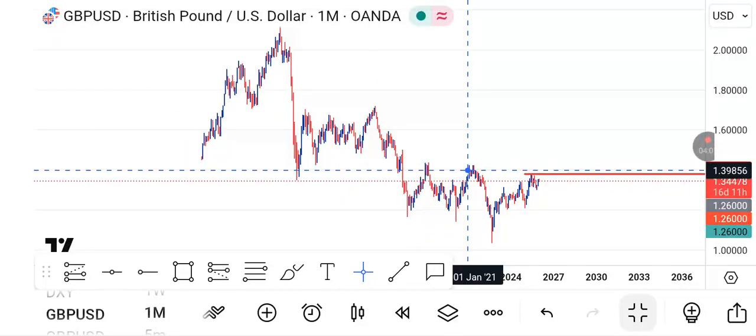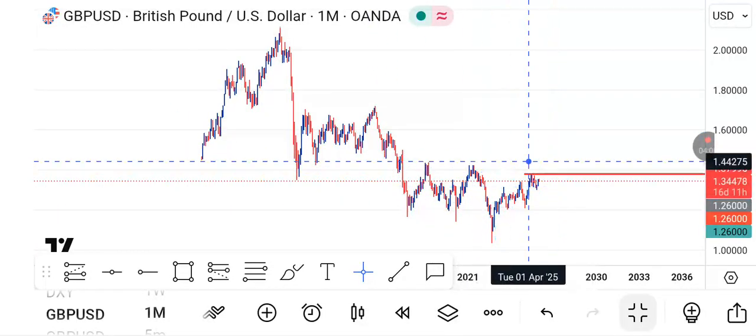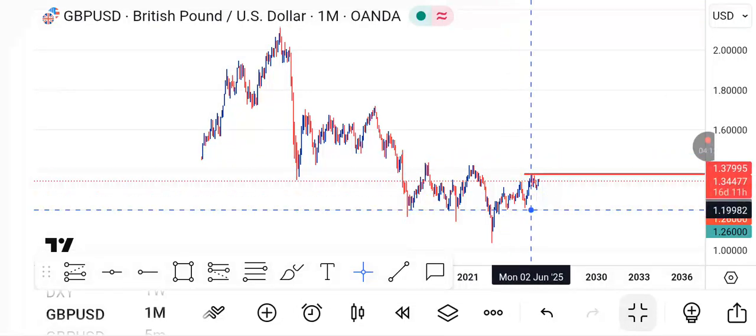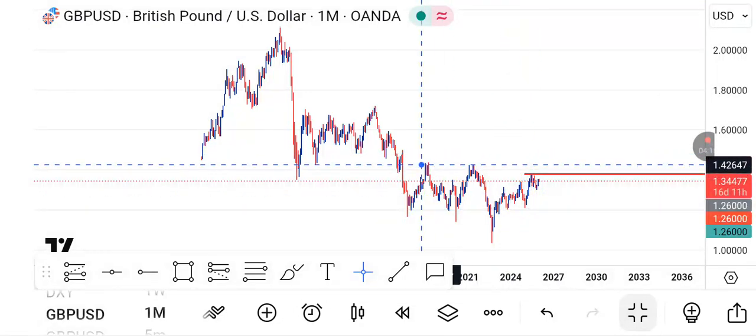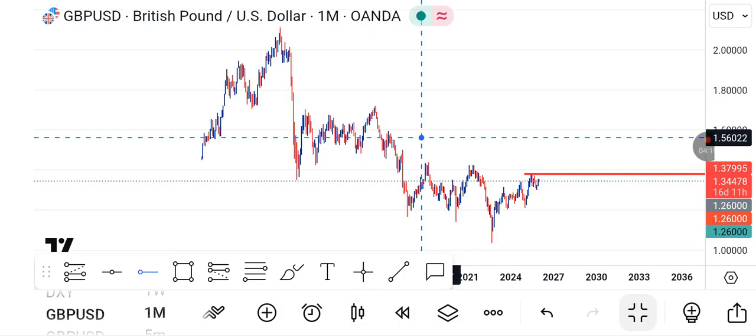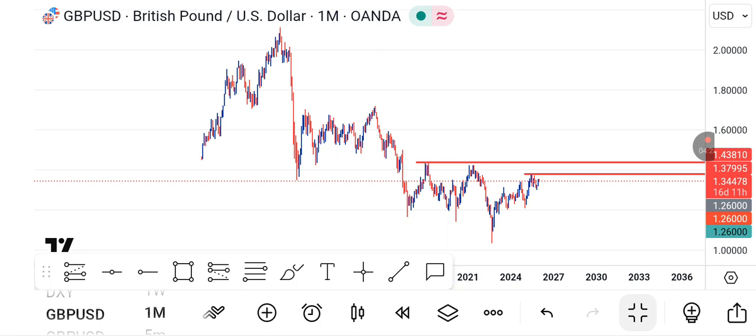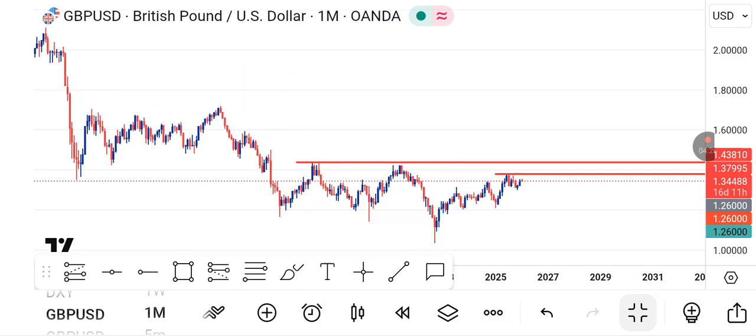This is where the current market is here. There's another resistance here, which I can mark if I want. Let me just pick them. This is it.